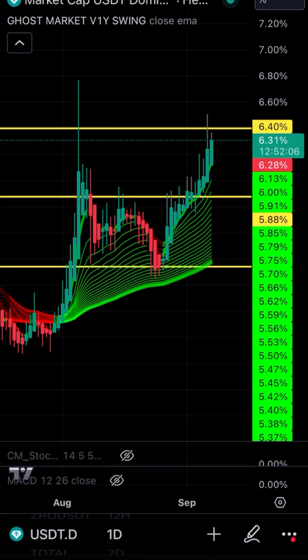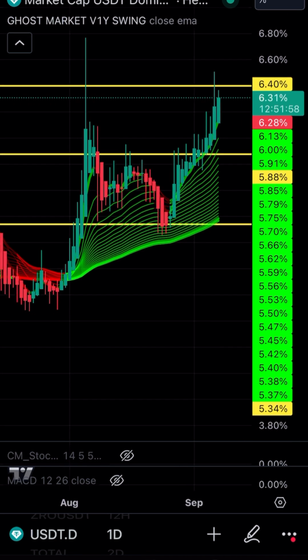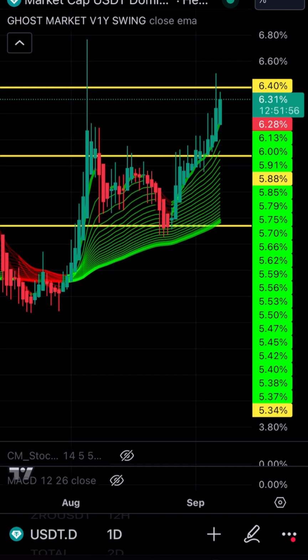A lot of cryptos will do the opposite of what the dollar's doing. You need to set up the rainbow strategy. I'm not going to go over how to set up either the rainbow strategy or the swing, because it's going to take too much time, but definitely load that up.